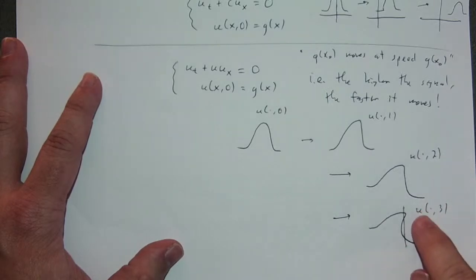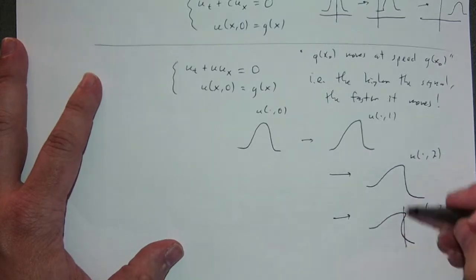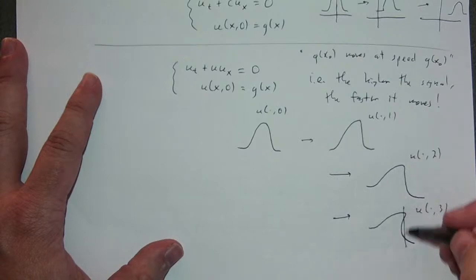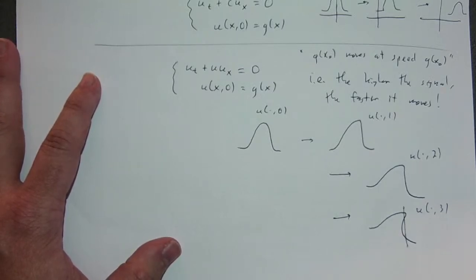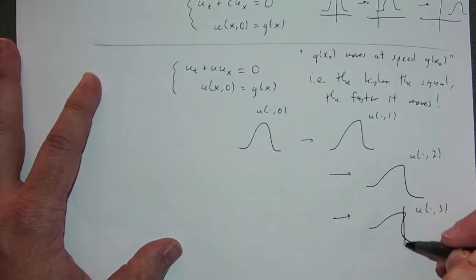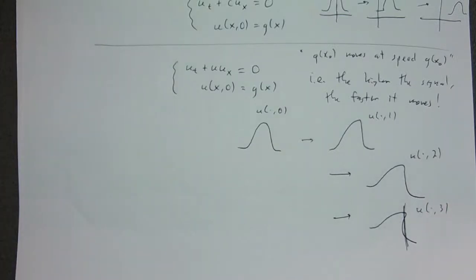If I took you back to 8th grade and asked what's the problem with this, you'd say it's not a function. It fails the vertical line test. It's multi-valued here, or over-determined. What exactly is happening is that a jump discontinuity is being introduced here by the breaking of this wave.